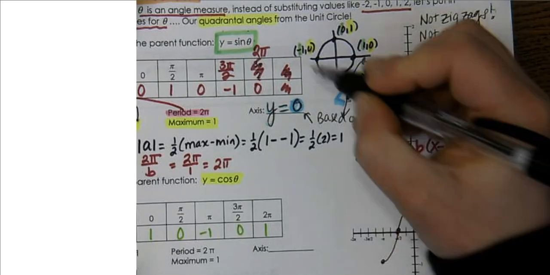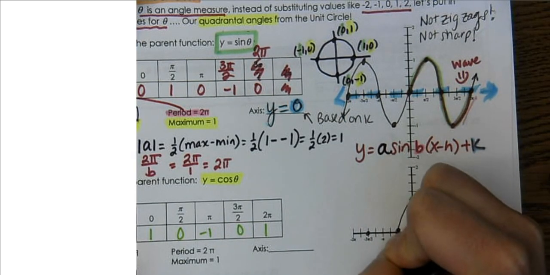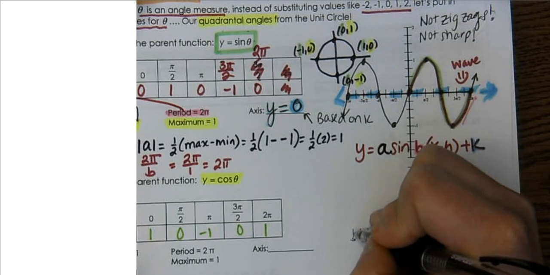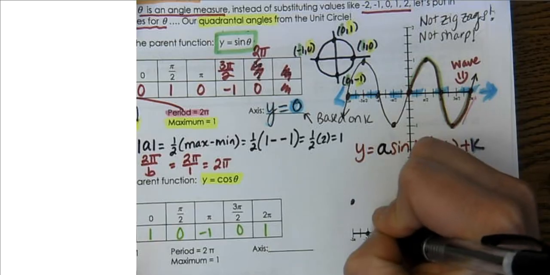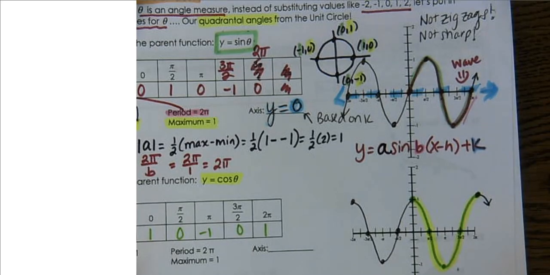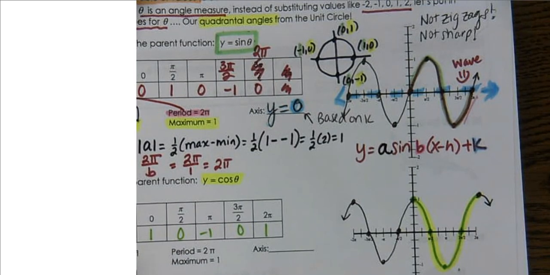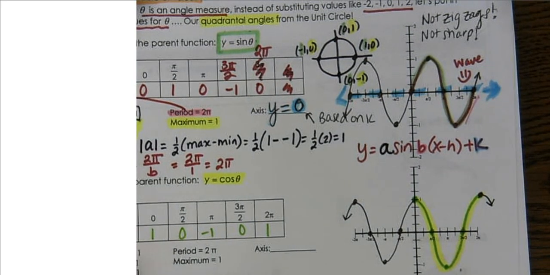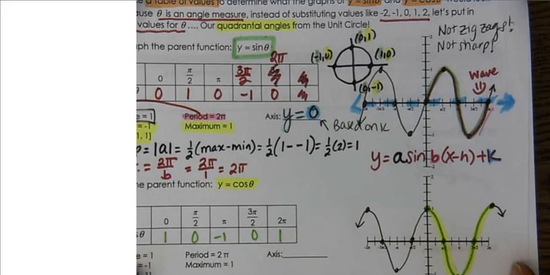Then at -3 pi over 2, we're back up at 0. And then at -2 pi, we are back at 1. We've reached our maximum value, and our next point should be pointing down at 0. So that is how we graph our function. We have our initial 5 points, and then we expand it on both sides.